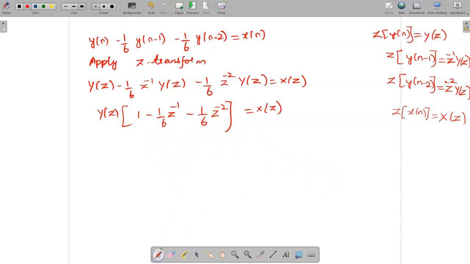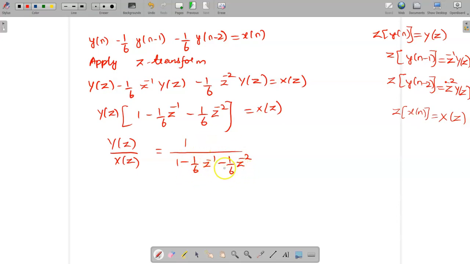Once you have done that, Y of z by X of z is nothing but 1 by 1 minus 1 by 6 z power minus 1 minus 1 by 6 z power minus 2. Here I am taking X of z to the left hand side, so the numerator is 1, and this term goes to the denominator on the right hand side.